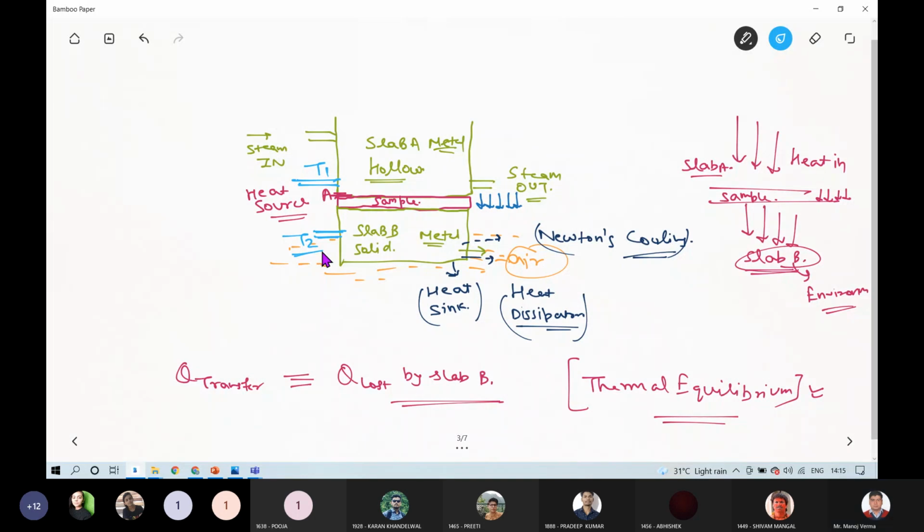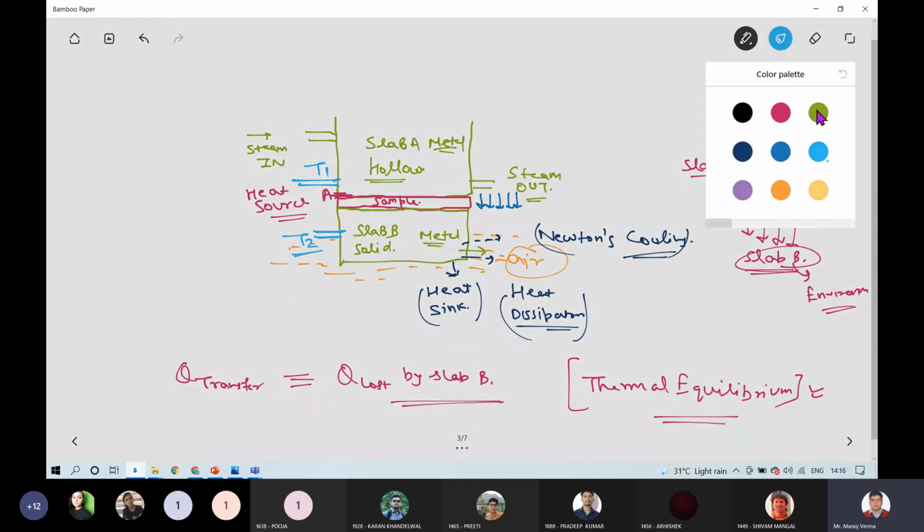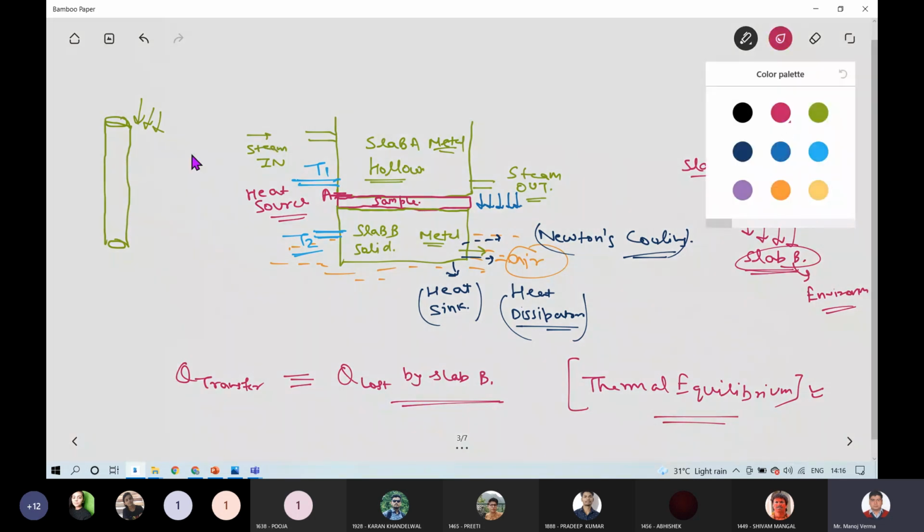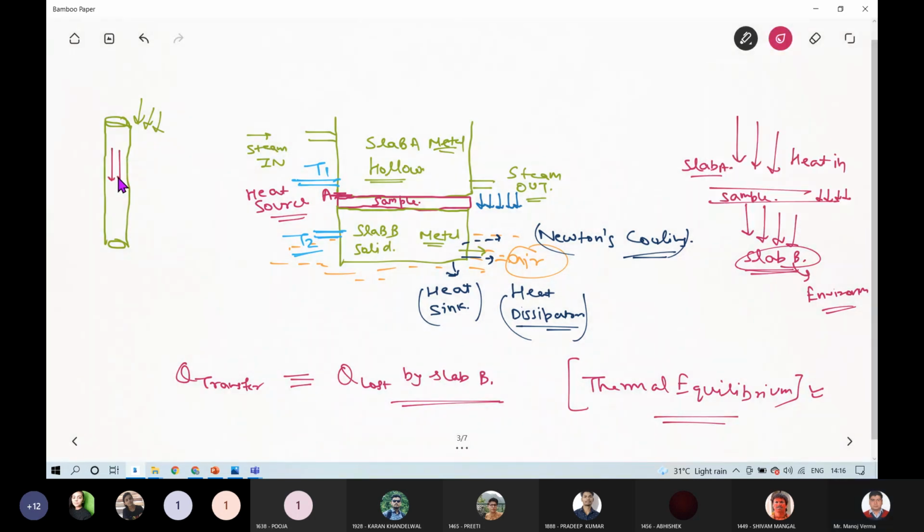And if you relate this with Searle's apparatus, this is a similar kind of thing. In that case, you were taking a rod vertically, and you were giving heat to this rod, and heat energy was being transferred through this rod with the help of conduction.